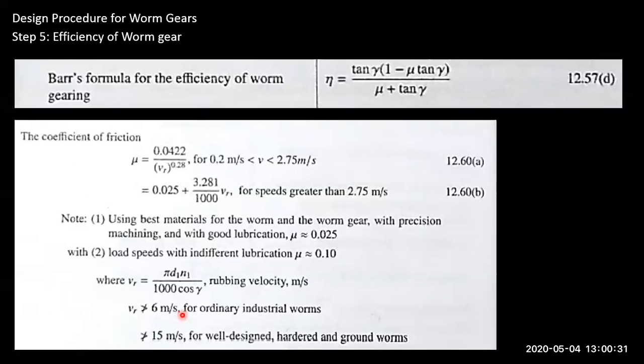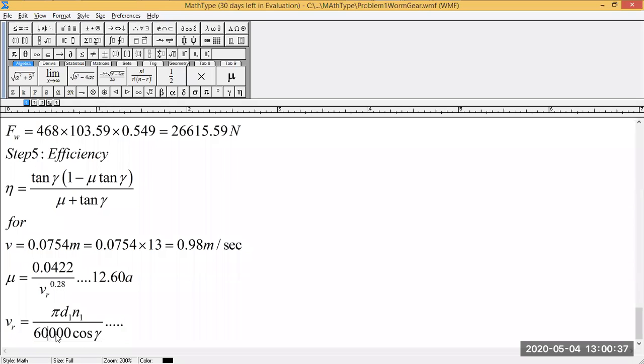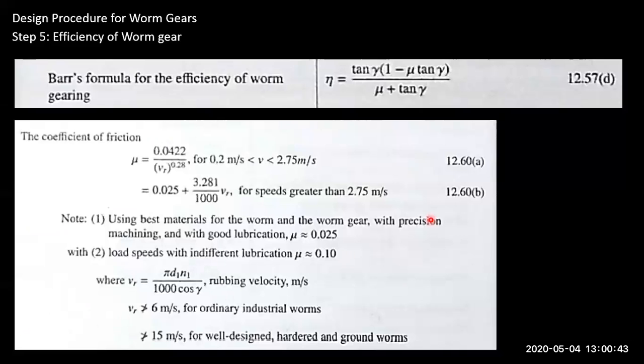Why 60,000? Only 1,000 here. For sliding velocity it is only 1,000, not 60,000. It's in meter per second. This is just given in terms of the equation.